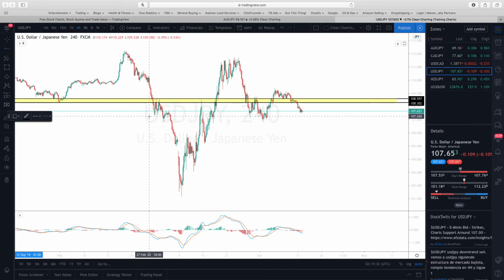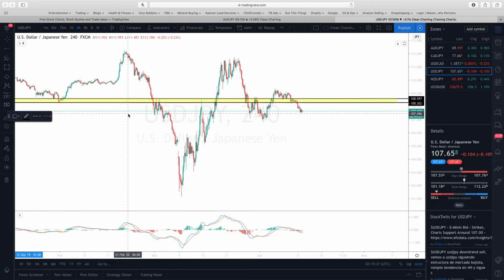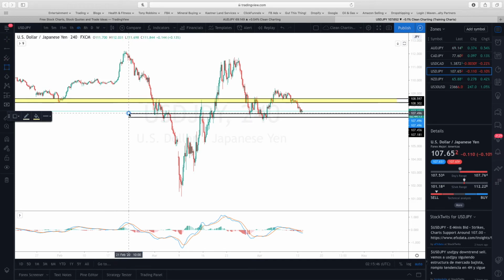I would go with right here, where I see a solid amount of touch points with a nice rejection. So we would draw this zone, and the zones are going to be different for each pair, right? So they're not always going to be equal. But as we can see, price came down, consolidated in this area, went zone to zone, back up, break, retest, pushed higher, couldn't continue to move higher, came back, consolidated, broke down below, retested, and pushed higher.